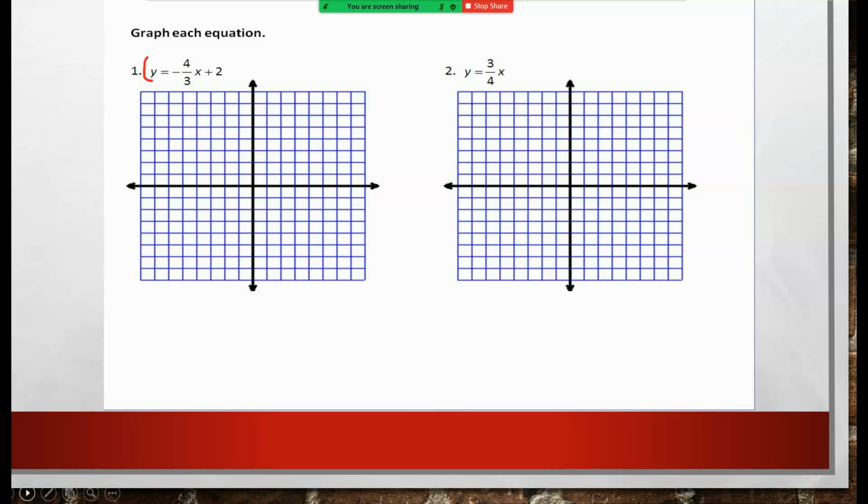So the first thing I'm going to do in example number 1 is get rid of my fraction by multiplying all parts by 3. And then moving over the x. And then we're going to find our x-intercept and our y-intercept.